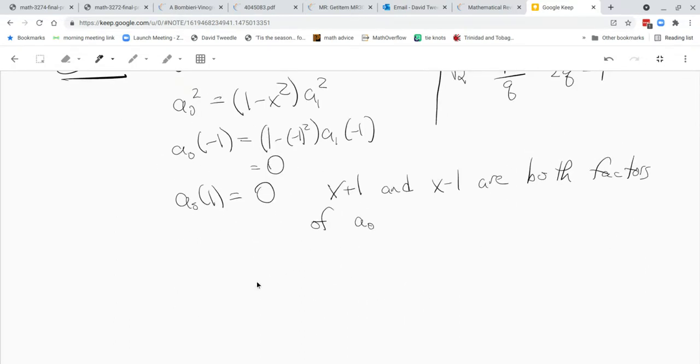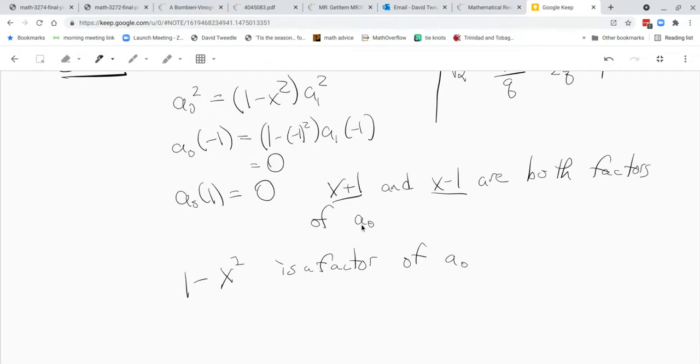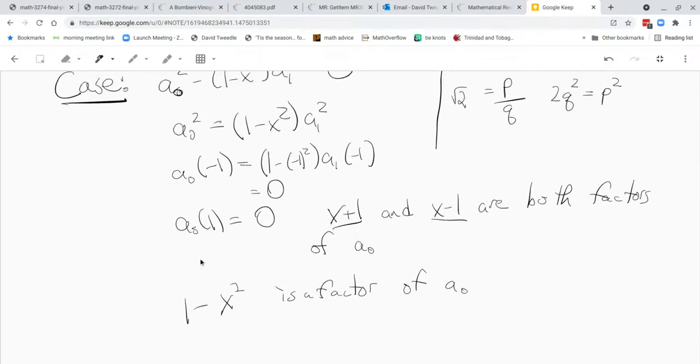It turns out that means that 1 minus x squared has to be a factor of a0, basically because these are coprime. Actually, I don't want to worry about that too much. Anyway, so we have 1 minus x squared is a factor of a0.